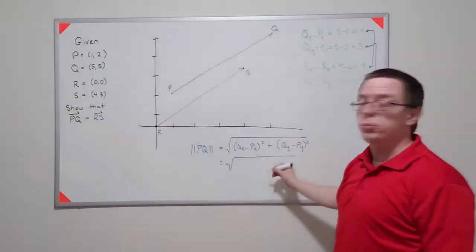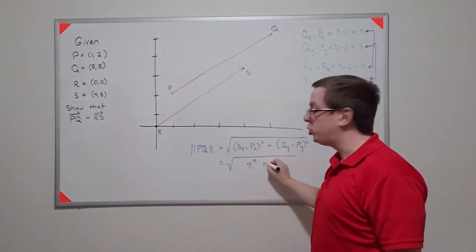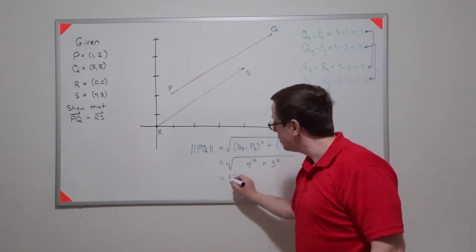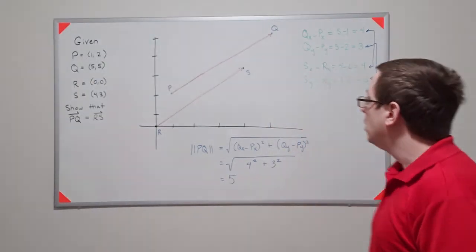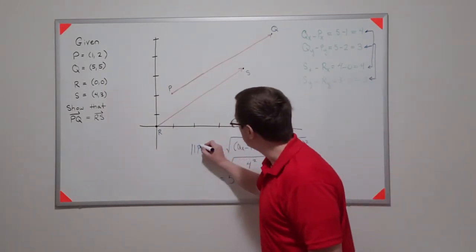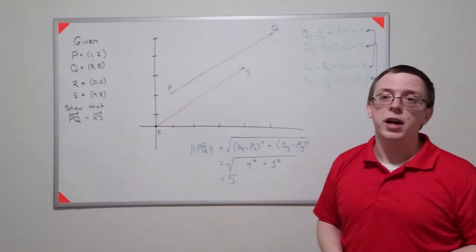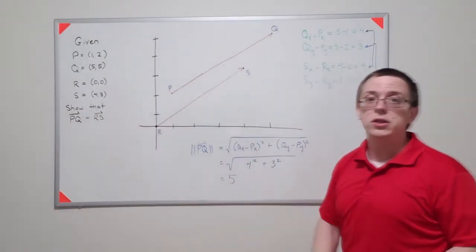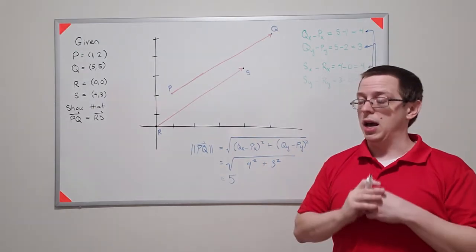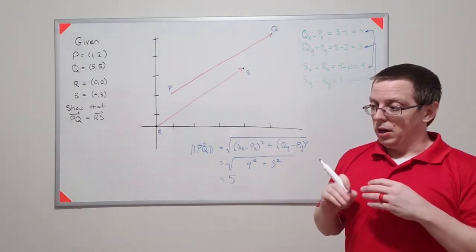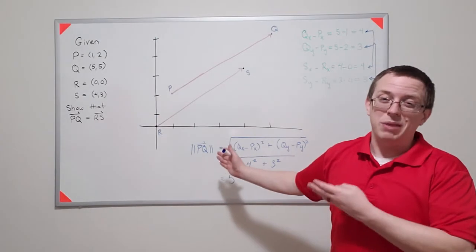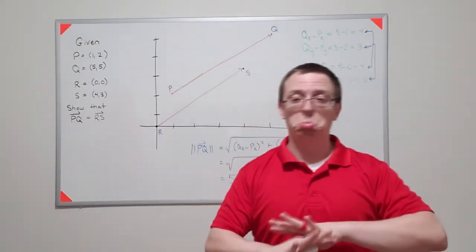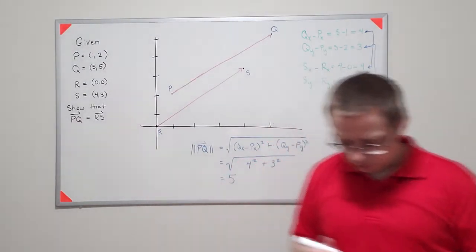So we have 4 squared plus 3 squared. Well, you should recognize this. It's a standard 3, 4, 5 triangle. And we know that PQ and RS are going to have the same components. So if they have the same components, they're going to have the same magnitude. But if they have that same magnitude, you're done. That's it. No stress, no problems.